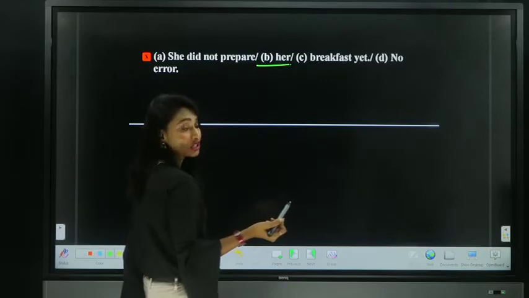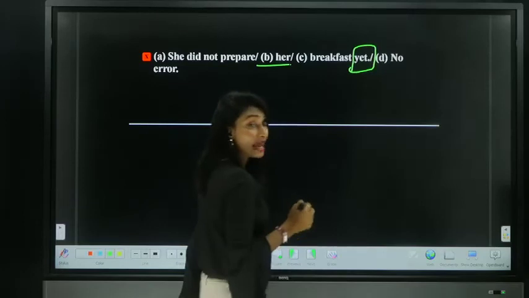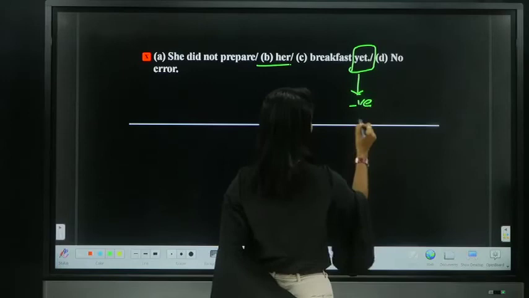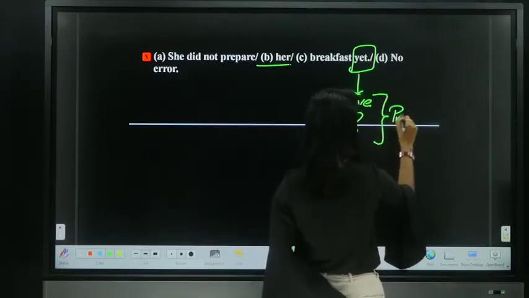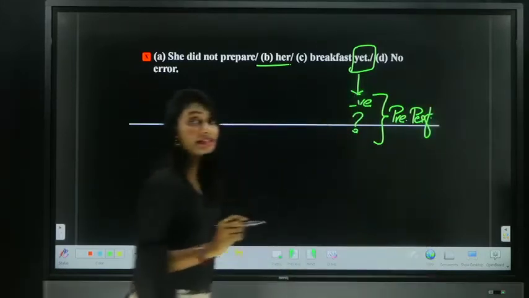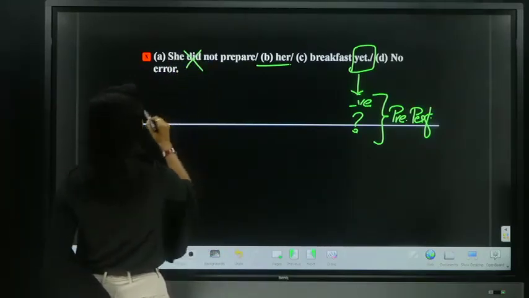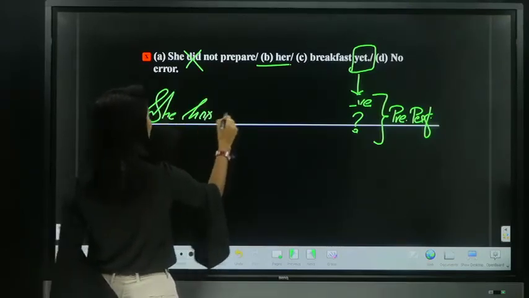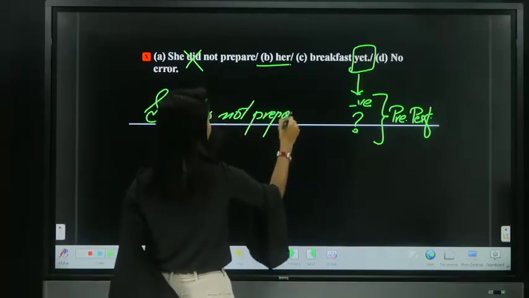See, the time indicator given here is at. If you remember, at is used in negative and interrogative sentences only in present perfect tense. That means the sentence must be in present perfect but not simple past. So you have to rewrite it like she has not prepared.